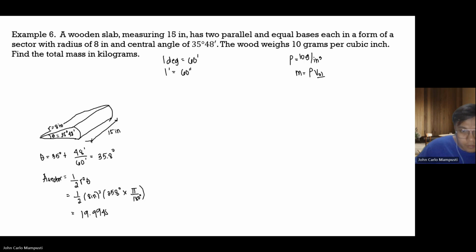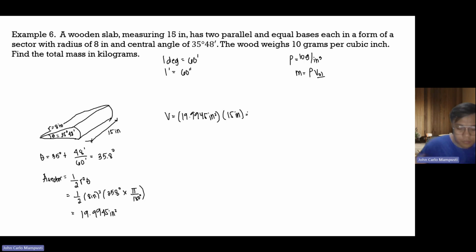Pero para maging exact tayo, this is equal to 19.9945 square inches. Okay. So, therefore, yung volume natin, area ng sector times length, which is equal to 15 inches. This is 19.9945 square inches times 15 inches. You can store your answer.